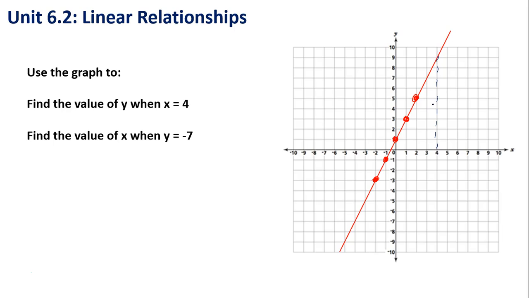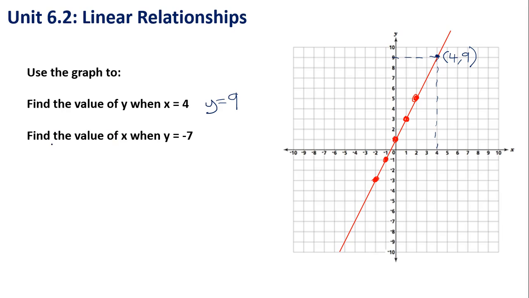Anywhere on this vertical line has a value of x equals 4, so where our graph intersects with that line is where x equals 4. We want to know the corresponding y value. If we go across to the y-axis, we'll see that it's at y equals 9. So this point on the graph is 4, 9. X equals 4, y equals 9. So when x equals 4, the value of y is 9.